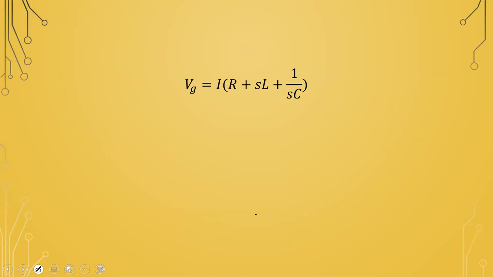But the transfer function that we defined was I over Vg. So if I want I over Vg, then I have 1 over R plus SL plus 1 over SC.